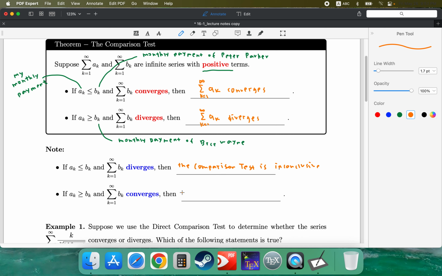Okay, so right here, the comparison test is inconclusive. Okay, so we will talk about how to use the comparison test later. Let's take a look at example 1.